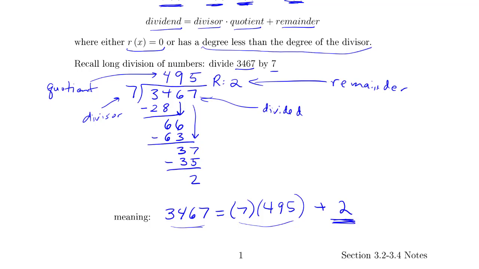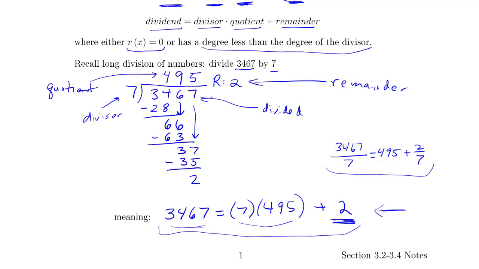Yes, you could say that 3,467 divided by 7 is 495 plus 2 over 7. That's another way of writing this, just taking everything and dividing it by 7, and it's one nice way to look at it in some contexts. Here, we're going to look at it like this.